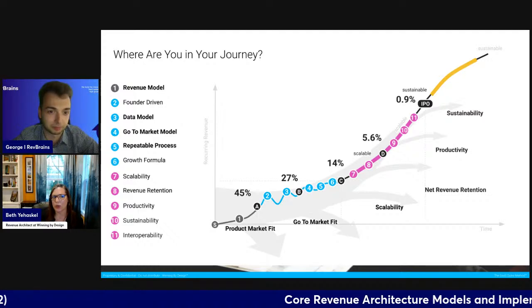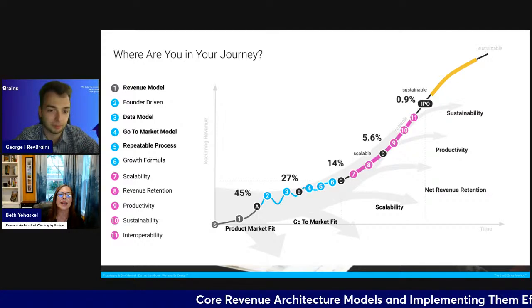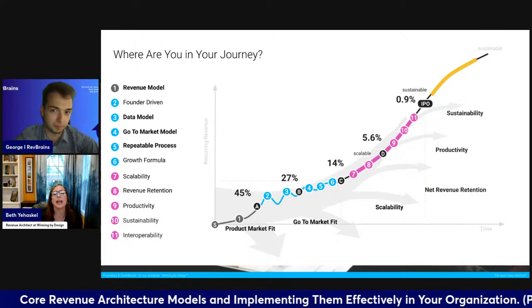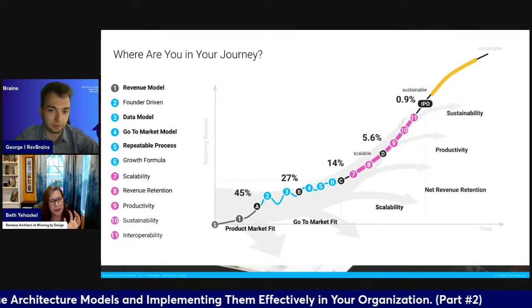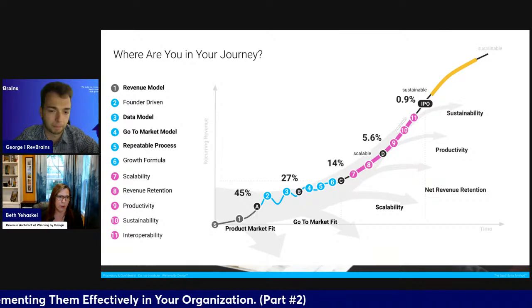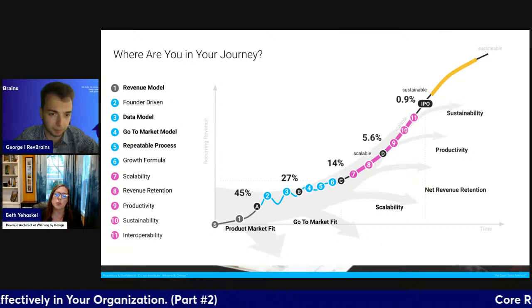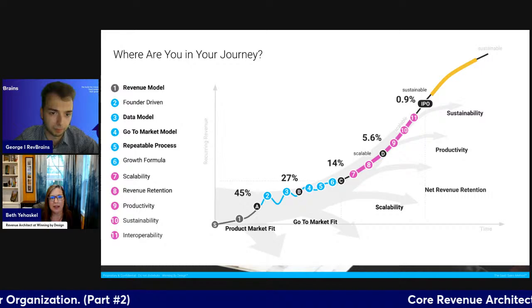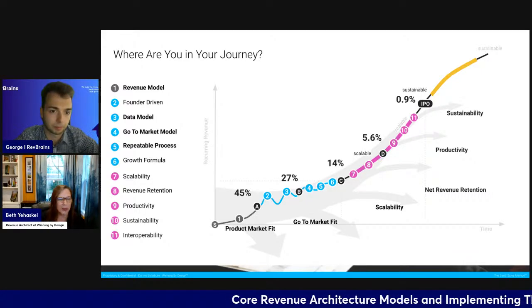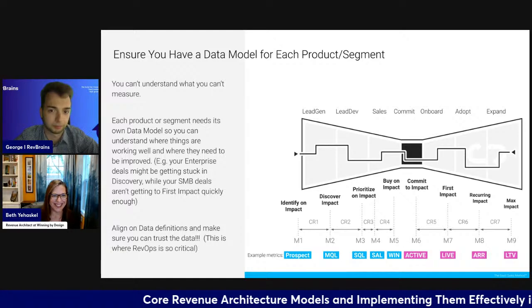You're excited, you have a good idea, you want to get in there, but really spend the time to get those right foundational pieces and really get that product market fit. And then really make sure you have the go-to-market fit. It's so much better to take time and get that right rather than try to rush to scale too fast. And we'll talk about mistakes in a little bit.